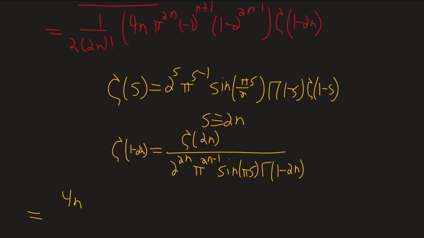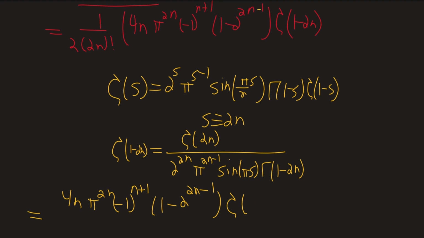We have our 4n pi to the 2n, negative 1 to the n plus 1 times 1 minus 2 to the 2n minus 1. There should be a minus there. I do apologize. Times zeta of 1 minus 2n.